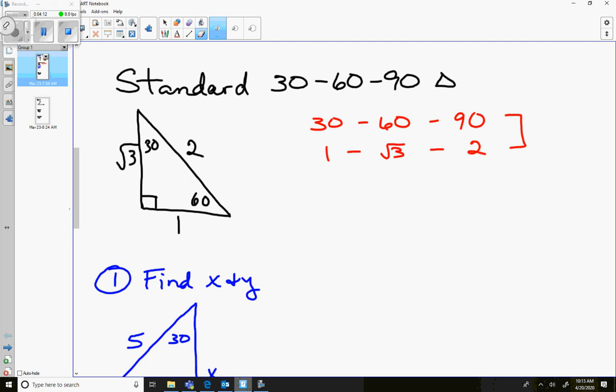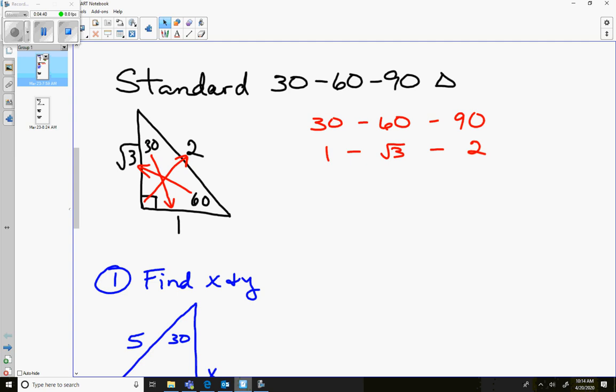So opposite your 30-degree angle over here, that's the 1. Opposite the 60-degree angle is the square root of 3. Opposite the 90-degree angle is the 2. And again, you need to have this memorized. Now, you may have done it this way last year in geometry.